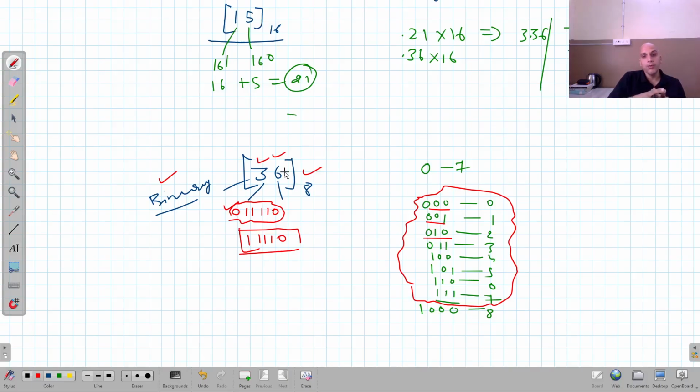Otherwise, what you have to do is take the divisions, or you have to first convert this octal number into a decimal number, right? Then that decimal number will be further converted into a binary number, right? And that decimal number will be a large number. If you follow that process, it will become very lengthy.